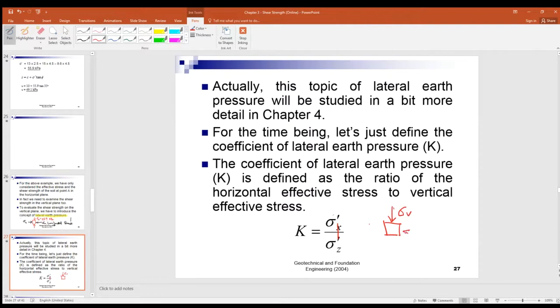Vertical pressure and horizontal pressure, right? K is a ratio of horizontal stress to vertical stress. It's called the lateral earth pressure coefficient. We will study quite a lot about this lateral earth pressure in a separate chapter.